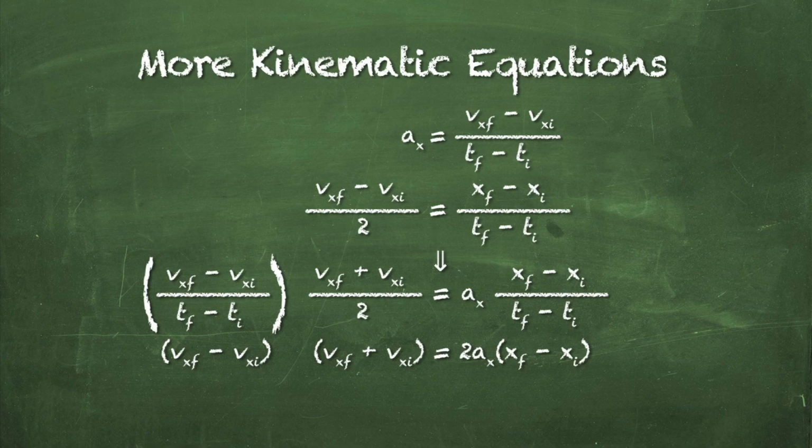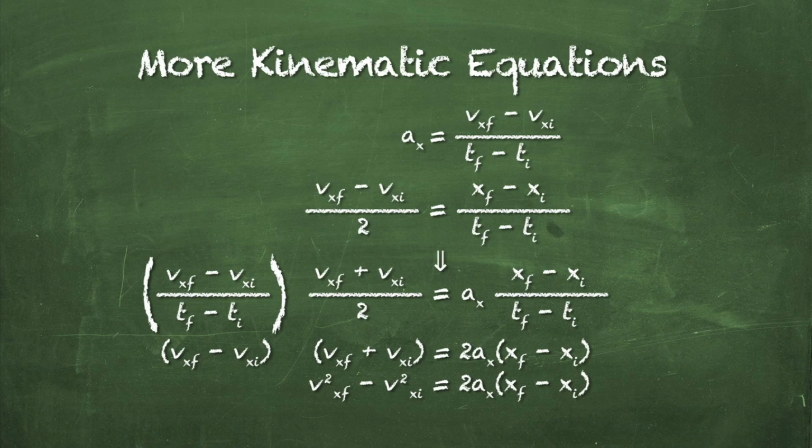If we work out the algebra a little bit more, and I recommend that you do that as an exercise, we get finally Vx final squared minus Vx initial squared equals 2Ax times (x final minus x initial). So that is another valid kinematic equation.